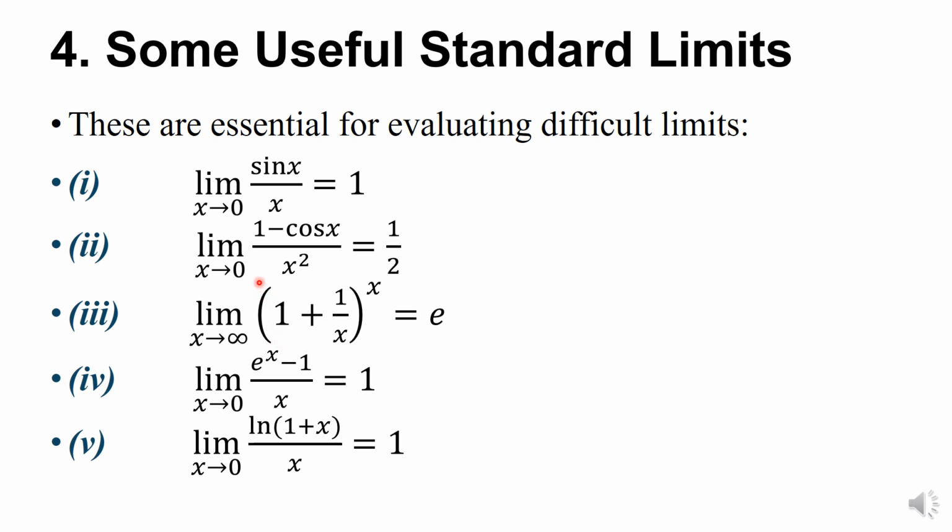These are also formulas. If some limits are given in this form, then the value is 1, and in this form then the value is 1 upon 2. If limit x tends to infinity, 1 plus 1 upon x, exponent x, equal to e.